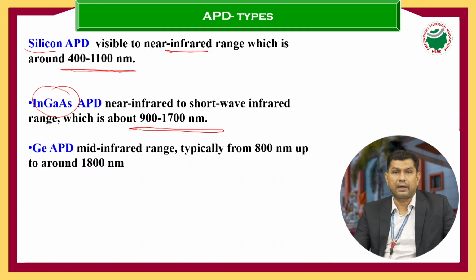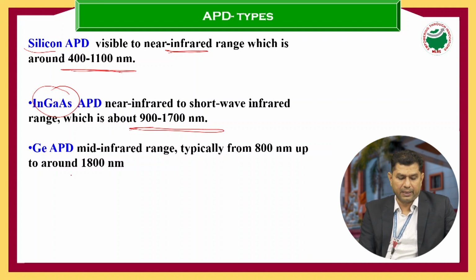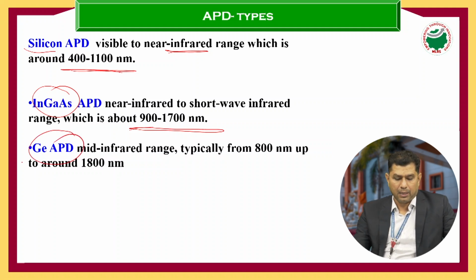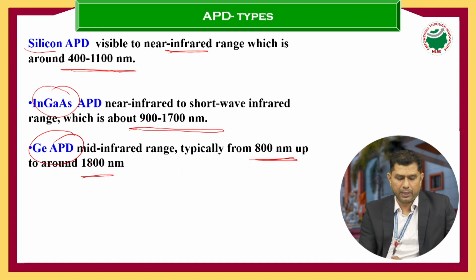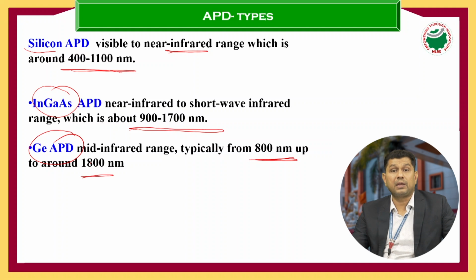So for infrared radiation detection we use indium gallium arsenide. A germanium-based APD can be used from 800 nm to around 1800 nm. So it depends on your light detection, light which is visible or which may not be visible.